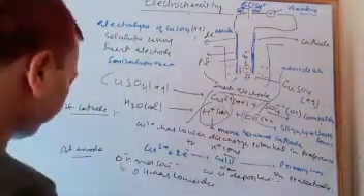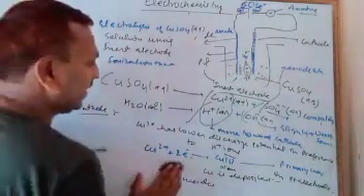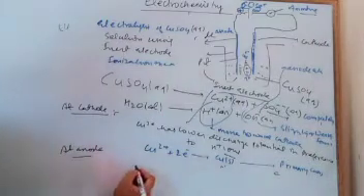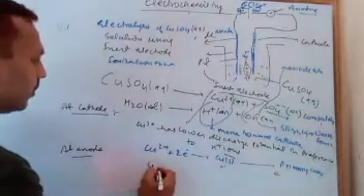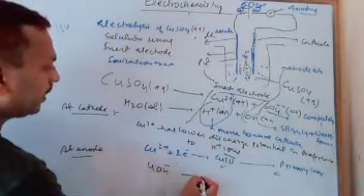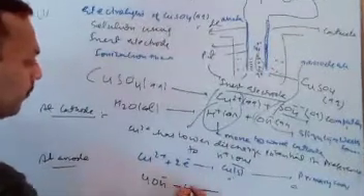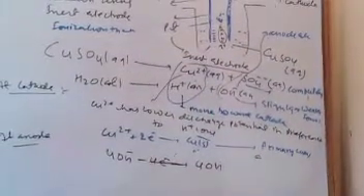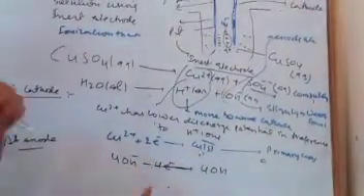So we will write like this: 4OH minus, losing 4 electrons, turns into 2H2O liquid plus oxygen gas. 1 electron is equal to 1 negative charge.